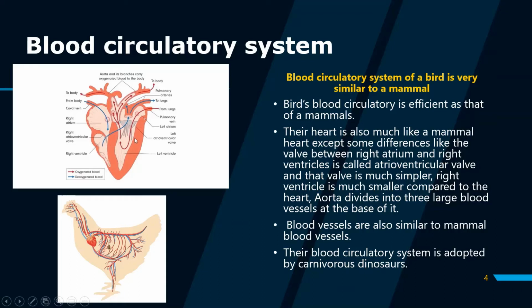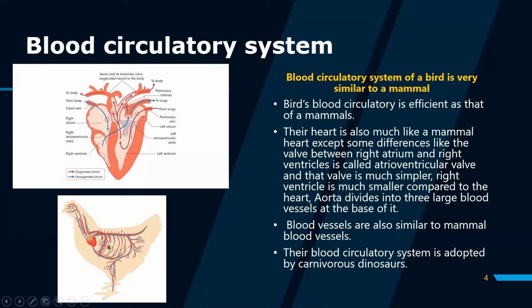Blood vessels are also much like those of mammals. You can see in this picture the vessel system of a rooster. It's very similar to that of a mammal. It just distributes over the ribs to the legs and is more concentrated in the brain.